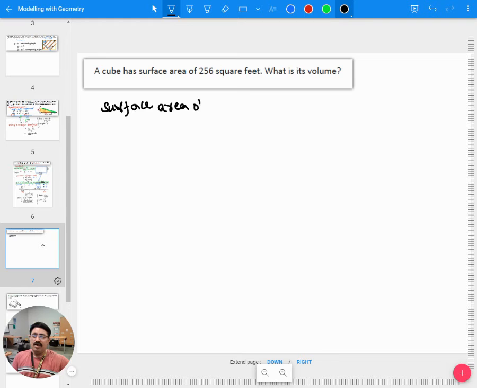Surface area of a cube equals 6 times side squared. Please notice that 256 is given. This is the surface area that is to be plugged in here. And you are asked to find the volume.